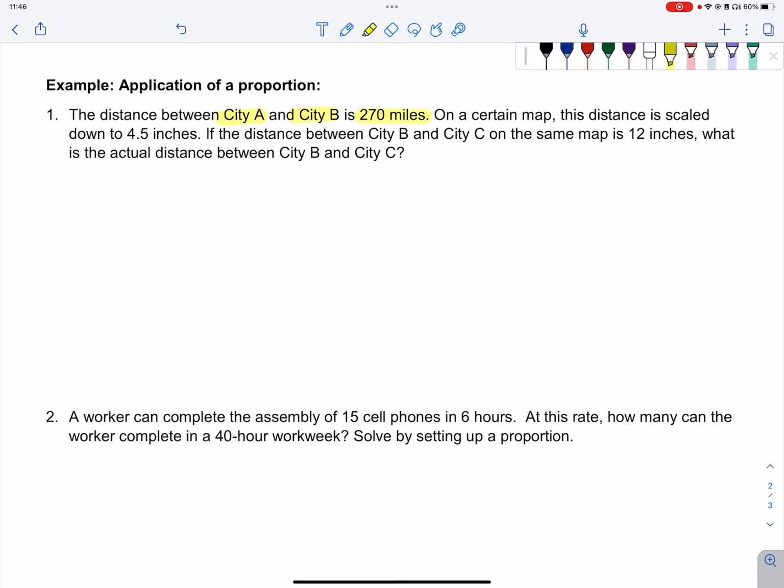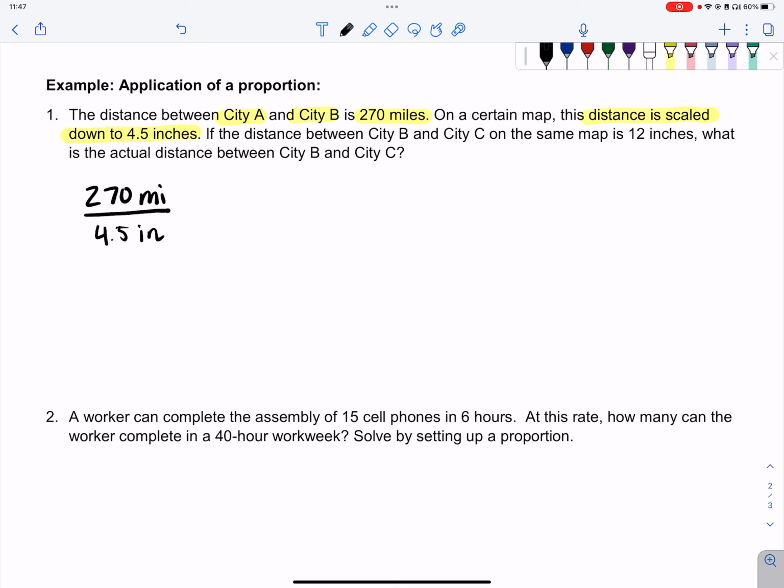But on a certain map, the same distance, that's 270 miles, is being scaled down to 4.5 inches. This is essentially telling us that we have a rate here. We have been told that 270 miles is the real life distance, but the map distance that we can divide this by is 4.5 inches.